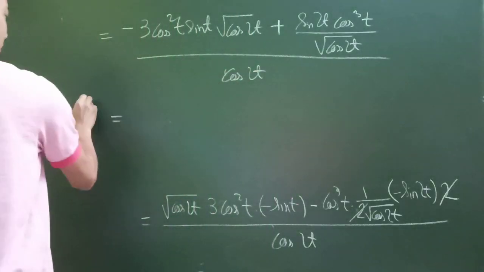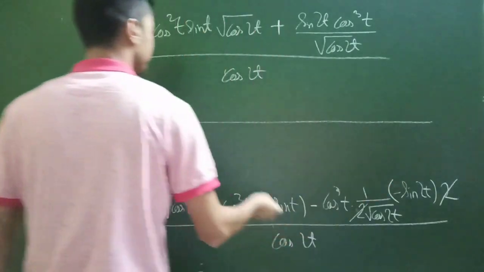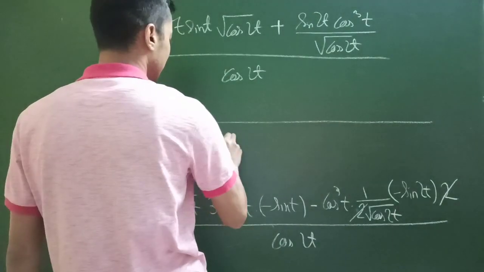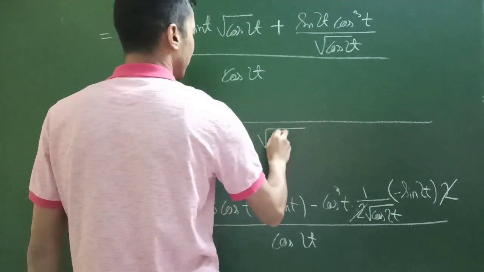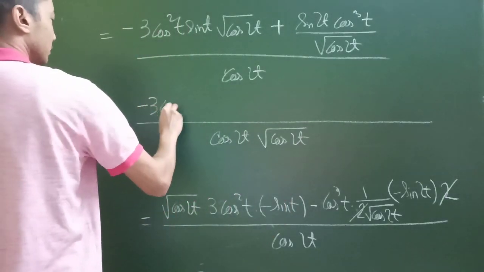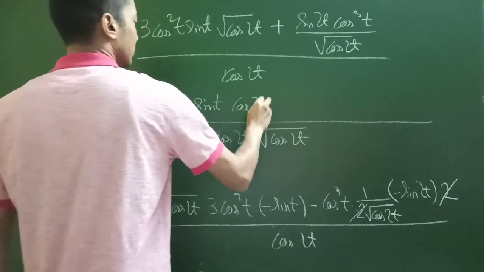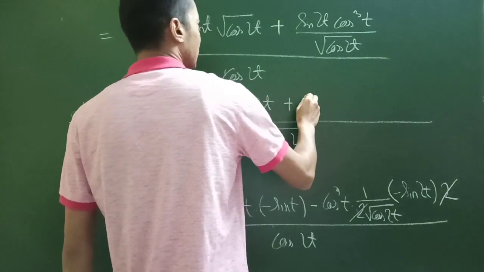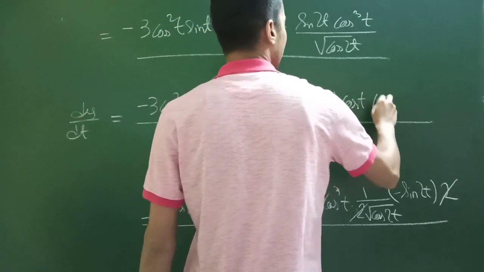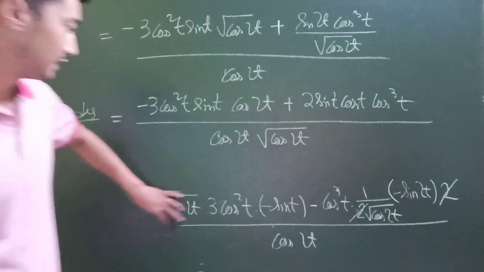So the numerator here, I'm going to take the LCM, and that LCM again, just like in the last question, I'm going to bring it down. Remember I told you I am going to do it straight up. Minus 3 cos squared t sin t cos 2t plus again 2 sin t, I'll expand sin 2t as sin t cos t, cos cube t.